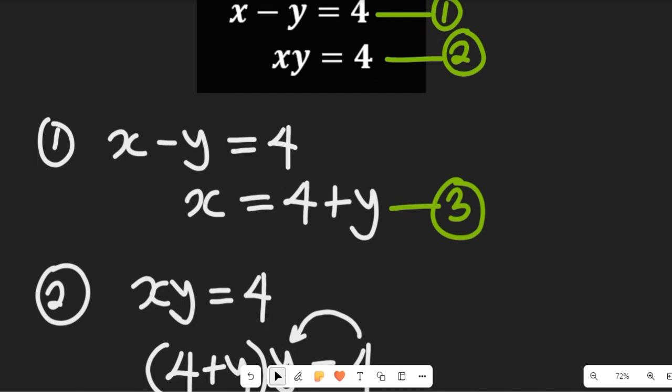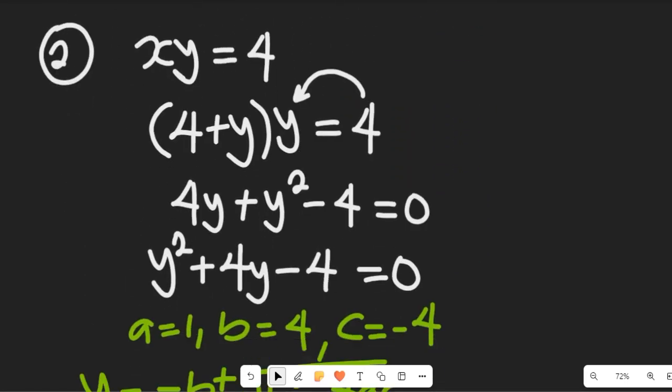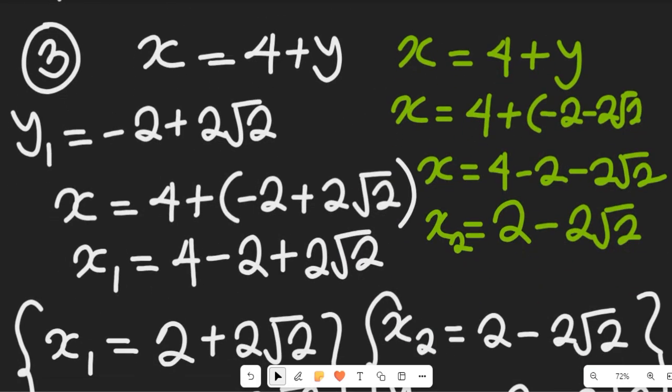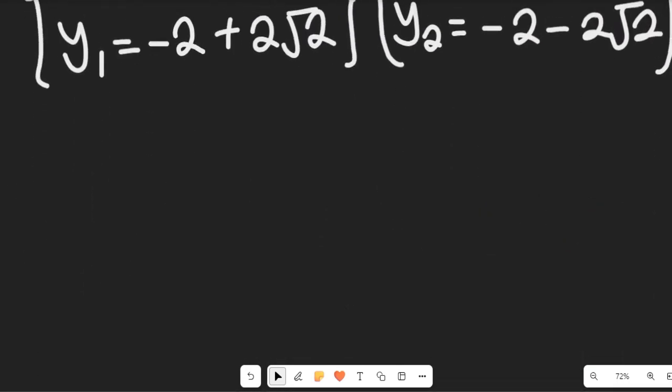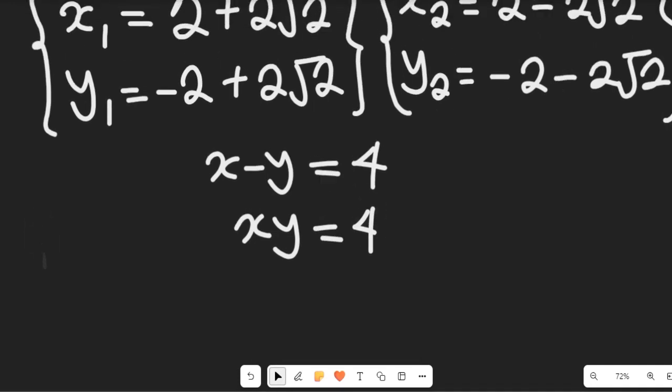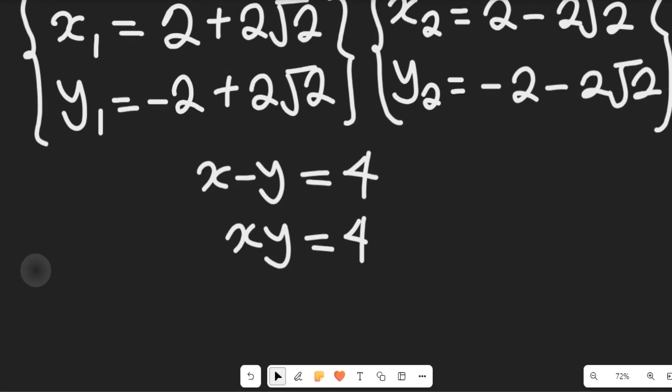Now let's look at the first expressions given to us. x minus y equal to 4 and x multiplied by y equal to 4. So from that expression, we are given that x minus y should be equal to 4 and x multiplied by y should also be equal to 4. So we're going to analyze the first two using x1 and x2.